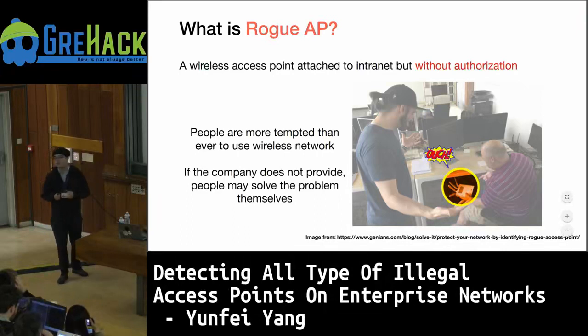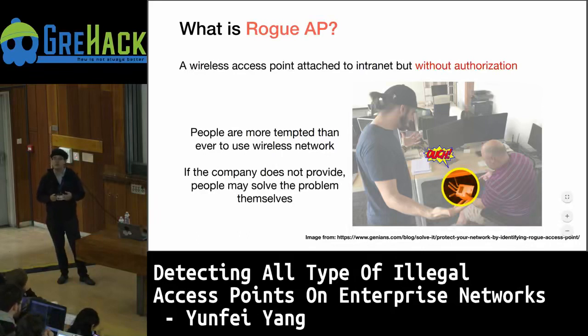They may want to use their smart devices in the office. So they need the wireless network, but if the company doesn't provide one, people may try to solve the problem themselves by setting up their own access point, which connects to your company's intranet to access the internet. So that's the rogue AP.